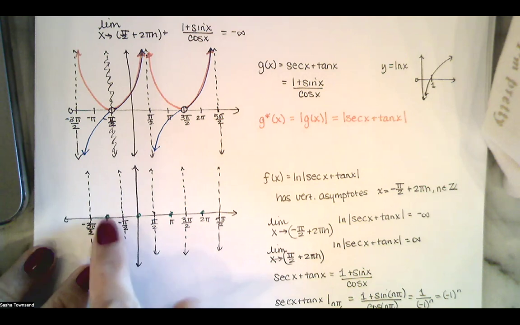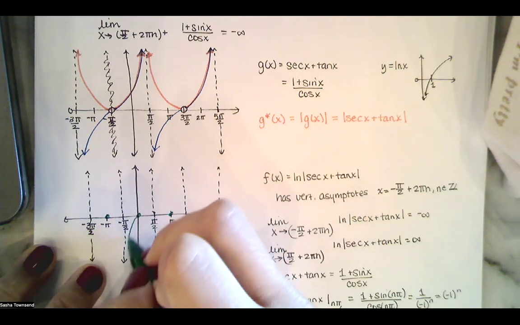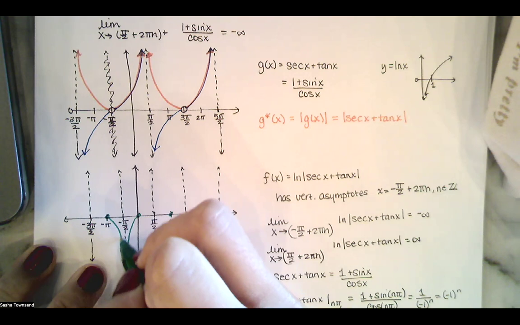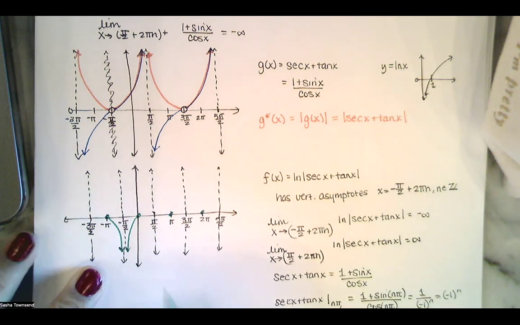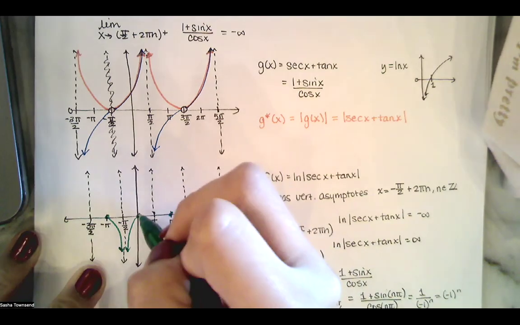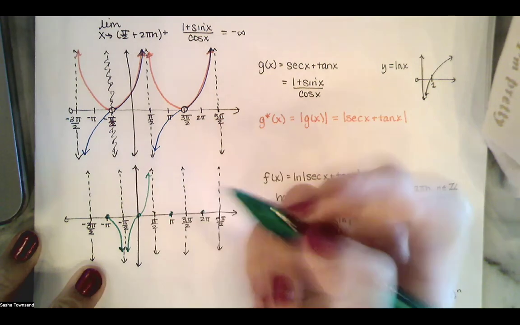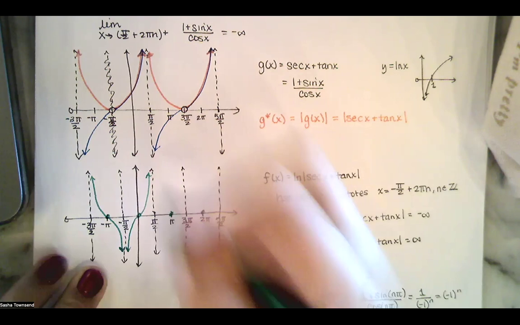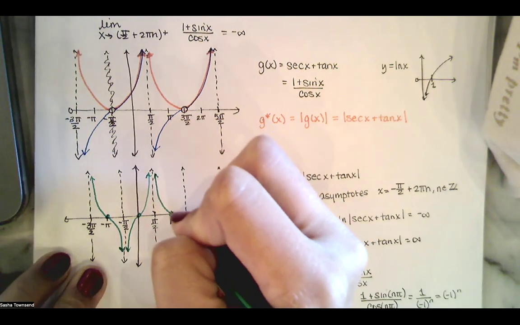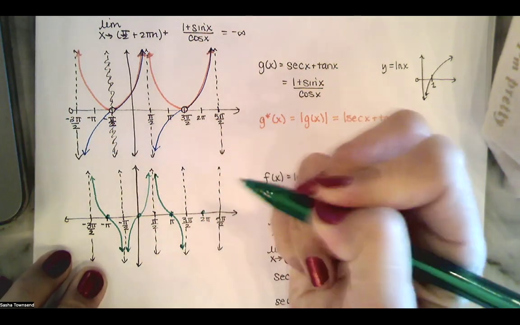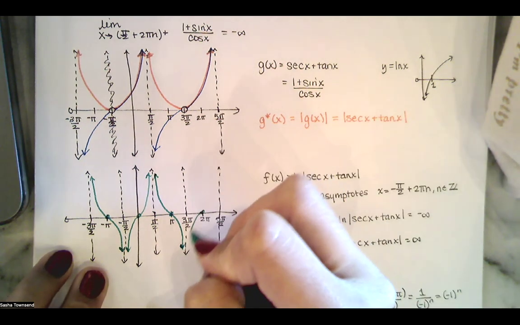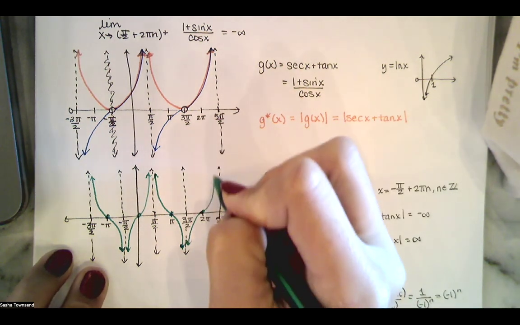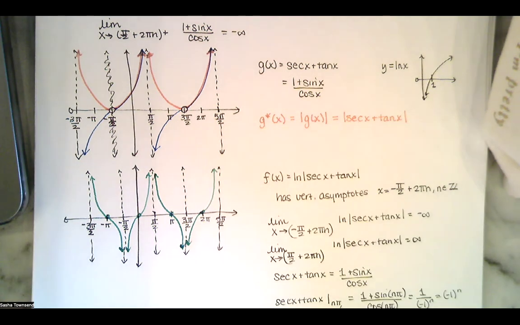And then as we approach this negative pi over 2, our function should go to negative infinity. And as we approach pi over 2 plus 2 pi n, our function should go to positive infinity. We're going to see that. It kind of reminds me of the tangent graph or the cotangent graph, but it sort of changes directions, doesn't it?